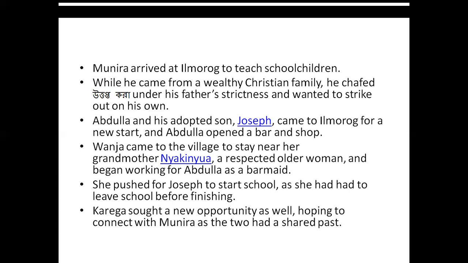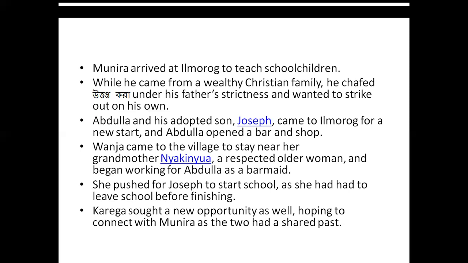She pushed for Joseph to start school, and as Karega had to leave school before finishing, he sought a new opportunity as well, hoping to connect with Munira as the two had a shared past. Here, the two characters, Karega and Munira, had been studying in the same school.